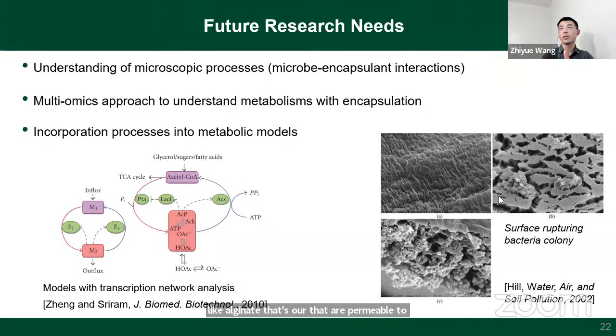It doesn't have to be in the shape of spheres. That's just how we prepare the beads. You can also have a coating of alginate on some substrate that can have all kinds of shapes, right? So it doesn't necessarily have to be a spherical structure, if this is what the question is asking.